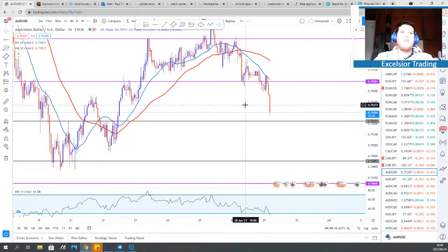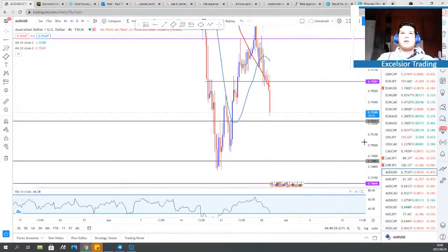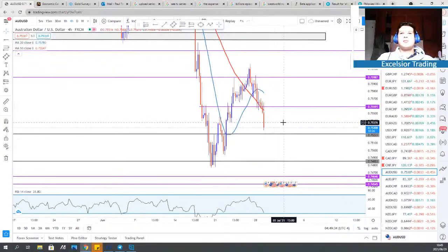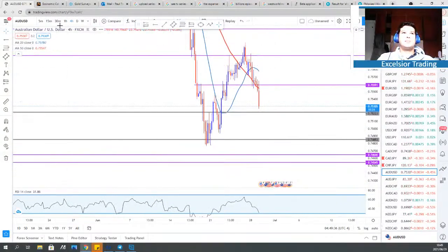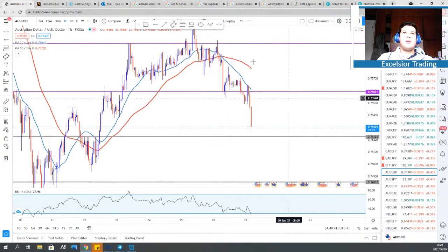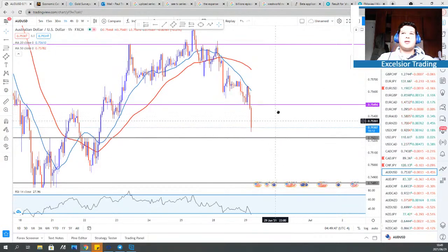AUD USD. One thing I've learned about AUD USD is it loves deeper pullbacks. When I say it loves deeper pullbacks, it really does love deeper pullbacks, man. So it's pretty oversold as well. This is bearish market movement, but I will maybe be looking for a buy running from here until here.